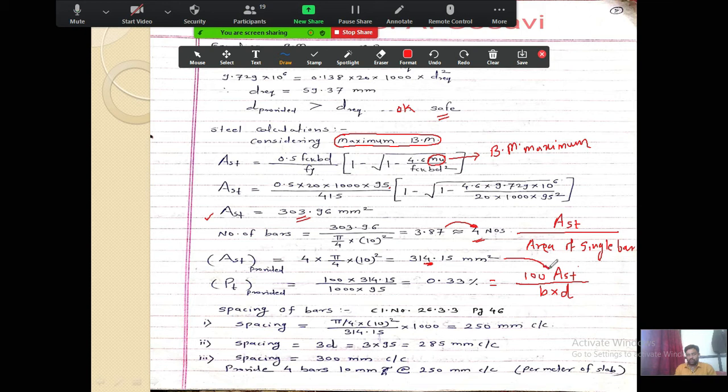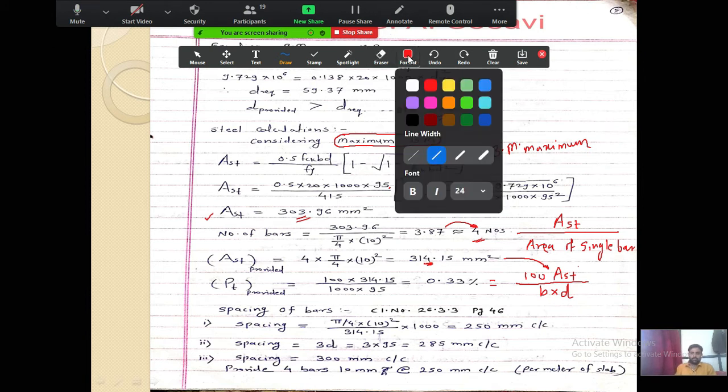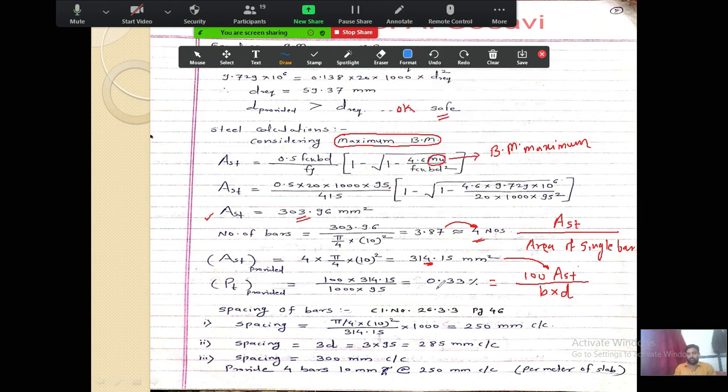So this value you need to put over here, 314.15. 100 Ast upon BD, where B is again 1000 and D is 95. You already know this. From that you will get the value 0.33. This is the percentage of steel provided.